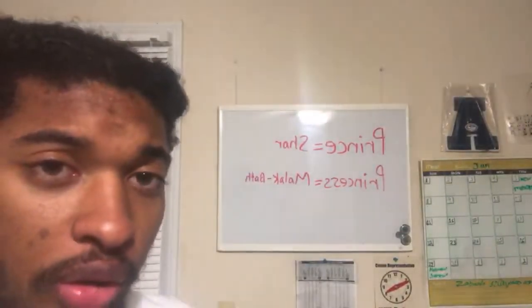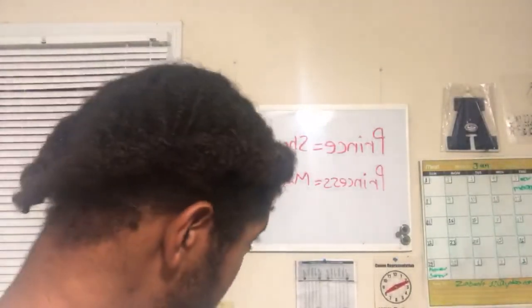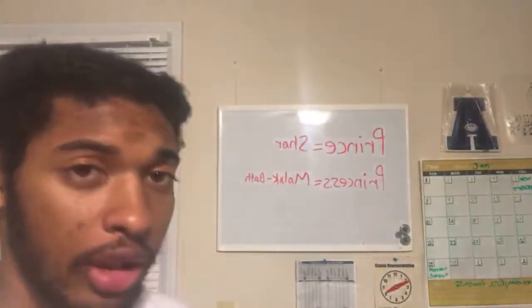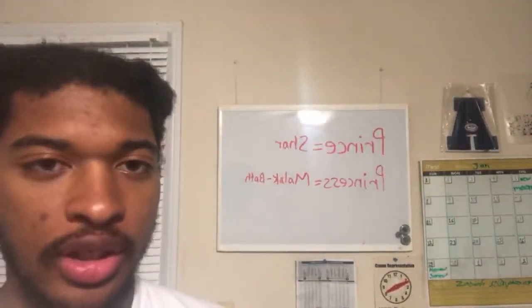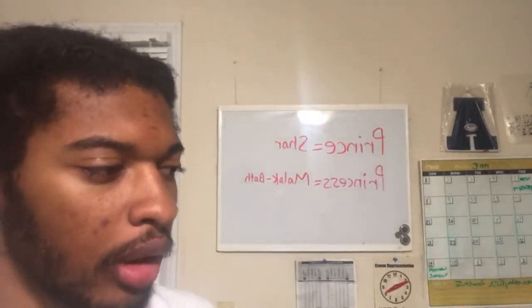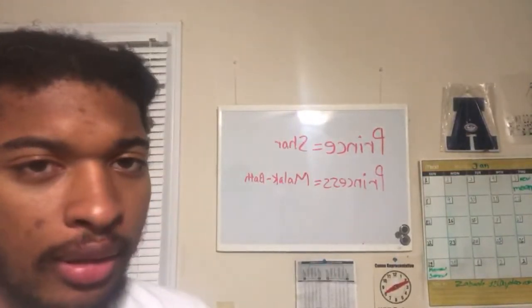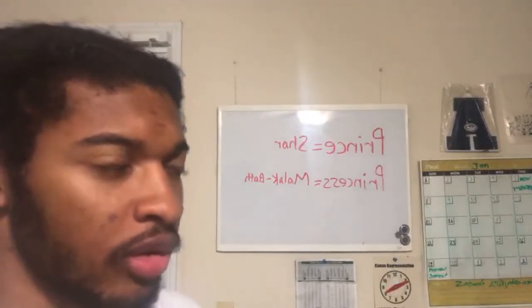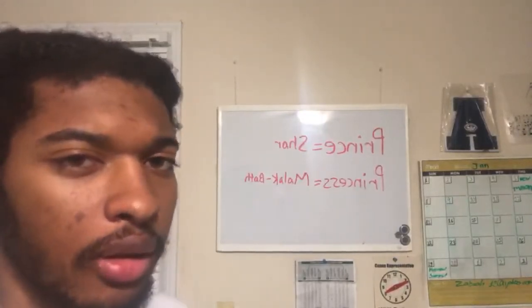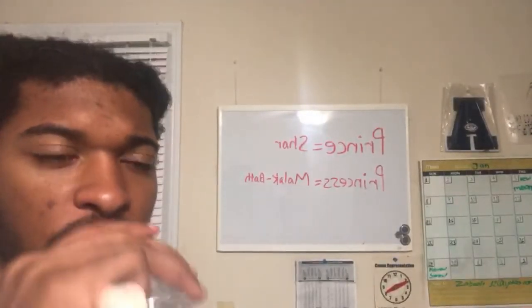Still getting your point across, but looking in the paleo verses, I don't see princess or an equivalent word. It doesn't exist. The word you see there is a combination, Malik Bath, king's daughter.